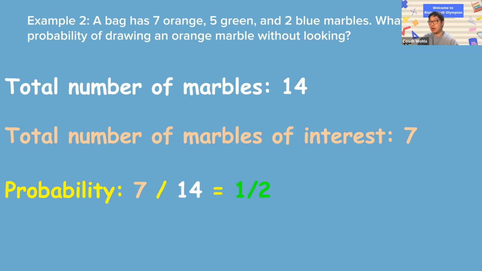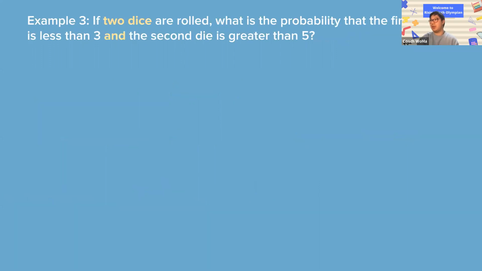So that is this problem. Generally what probability means is how many are you interested in, and then what is the total amount. And the big thing is to make sure that whatever you're counting, they're all equal probability. Okay, here's the next question.